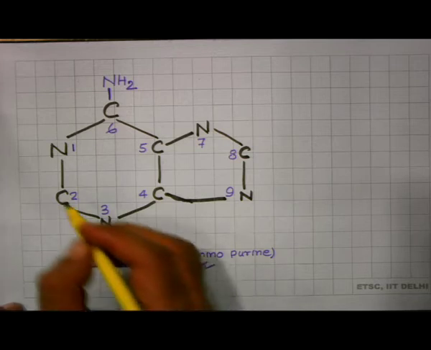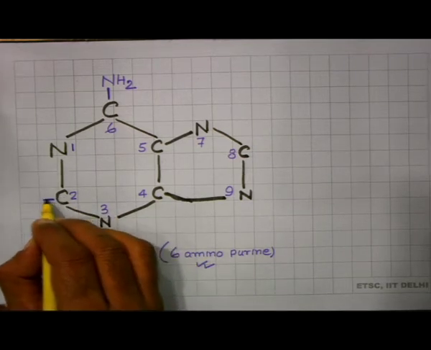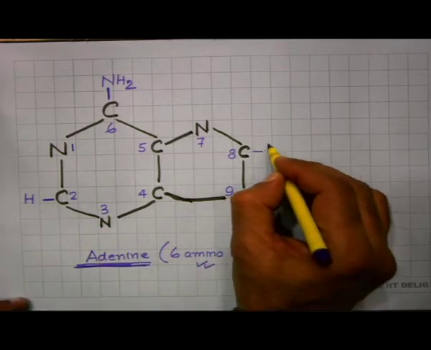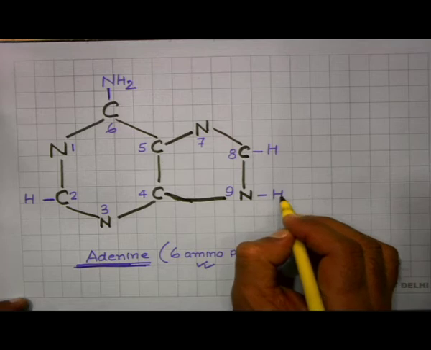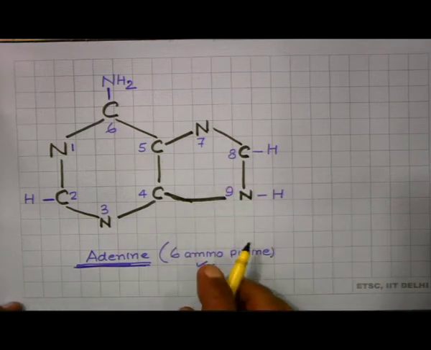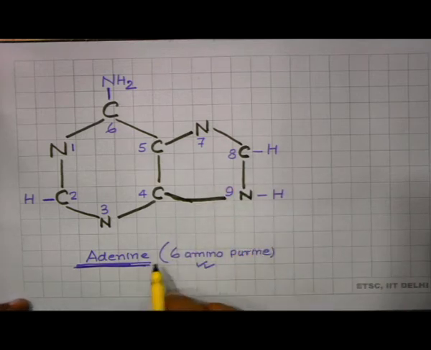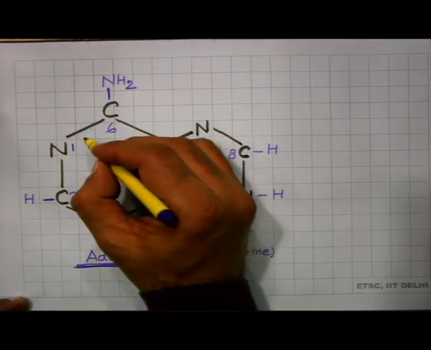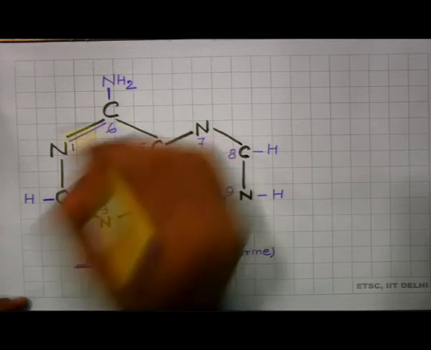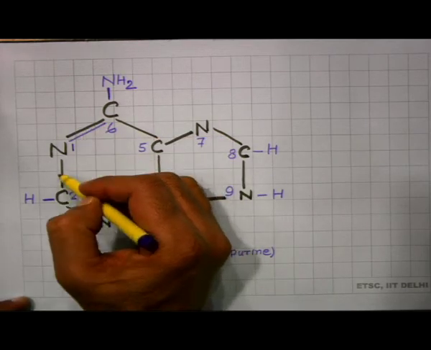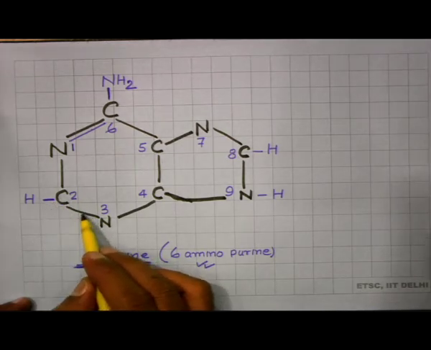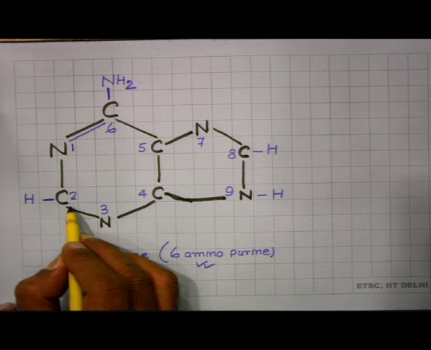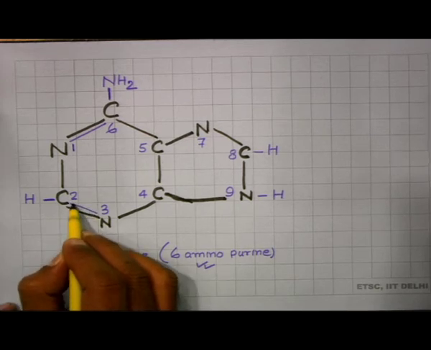Now, with the help of valency, you can easily write the structure of adenine. Here carbon has 1, 2, 3, so one valency is left. So, here is a double bond. Nitrogen has 3, carbon here 1, 2, 3, so it is not complete. So, in that case here is the double bond.